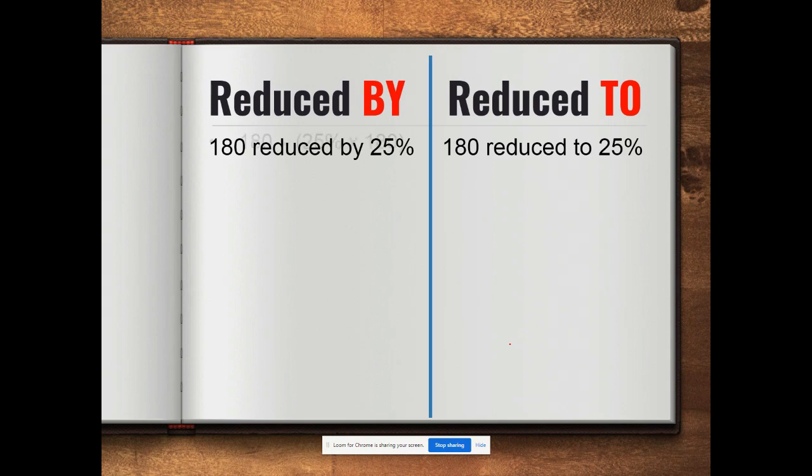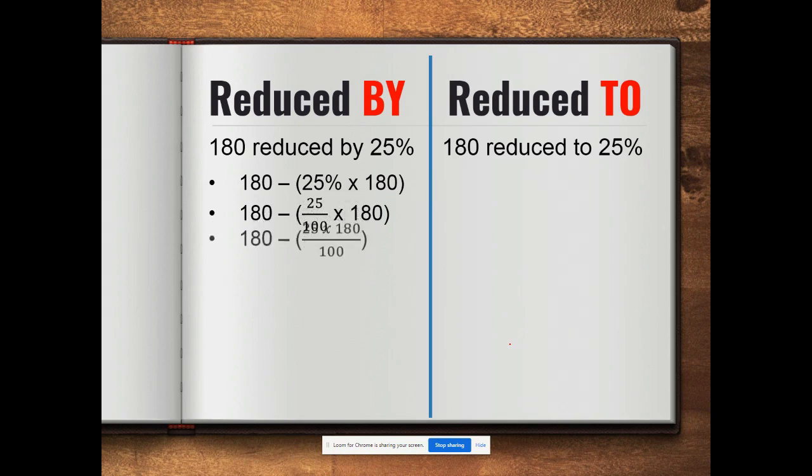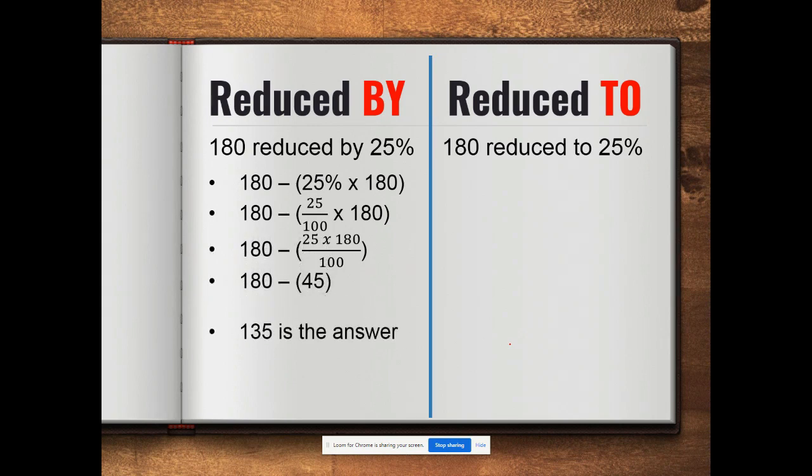Now look at this. 180 minus 25% of 180. So it becomes 180 minus 25 over 100 times 180. And it will become like this, and then like this. And then it will become 135.